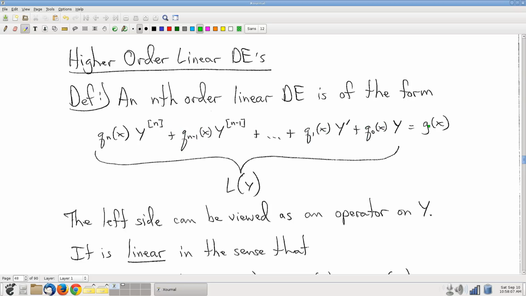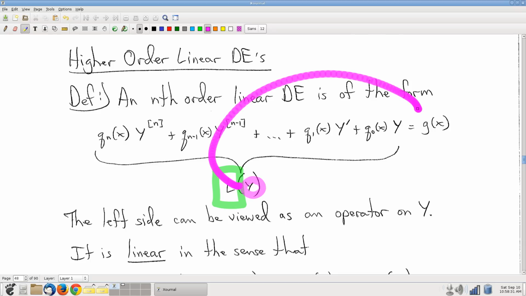What we're saying is that this operator is a linear operator. So the L, maybe it doesn't stand for the left side of the equation. Maybe it stands for linear. This is a linear operator on y. So what do we mean by saying that this is a linear operator? And keep in mind what this operator does is it takes a function as its input, and then it gives another function as its output.